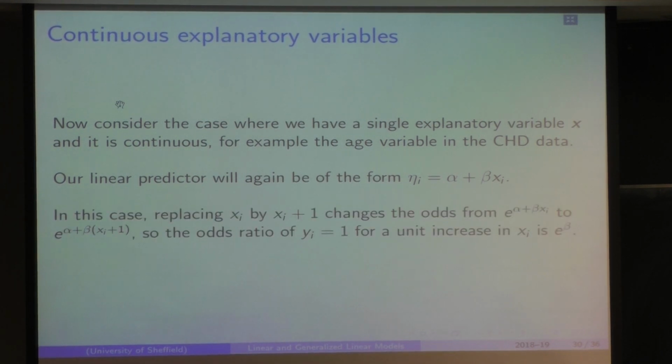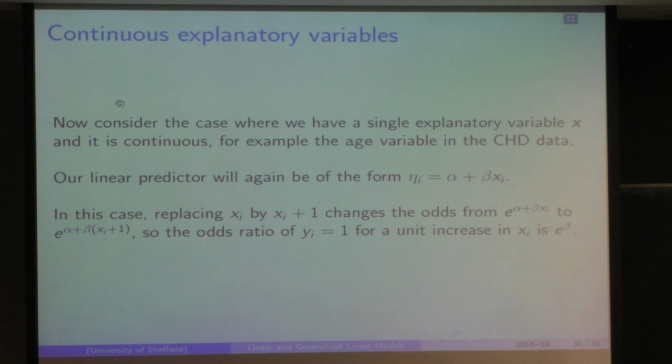So what happens if we look at two patients, one a year older than the other? One has xi and the other one has xi plus 1. So that's 1 year older. So that changes the odds from what we've got here, e to the alpha plus beta xi.